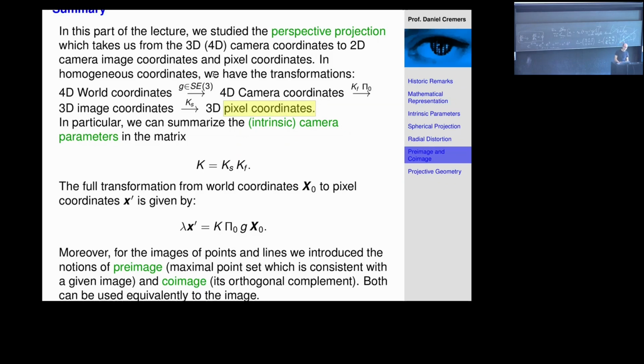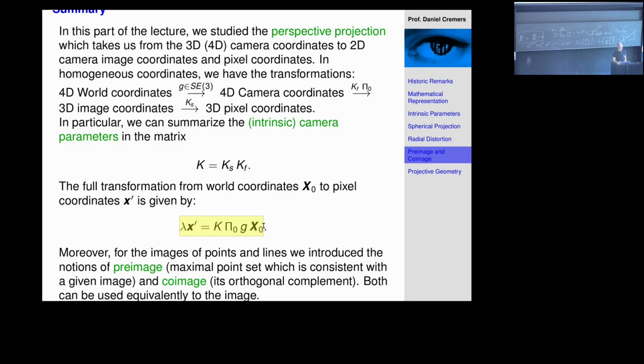In practice, what we get is this concatenation of all of these transformations that we can write in this fashion, where we have an intrinsic matrix that is a rescaling by focal lengths and a rescaling into pixels and possibly shifting of the offset, and then we have this rigid body motion.